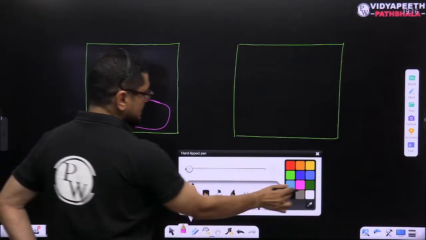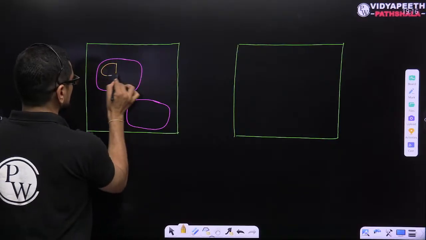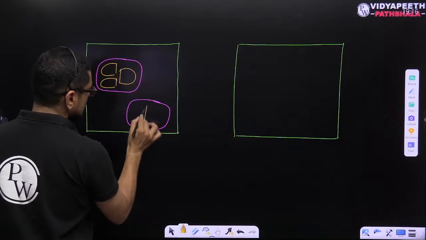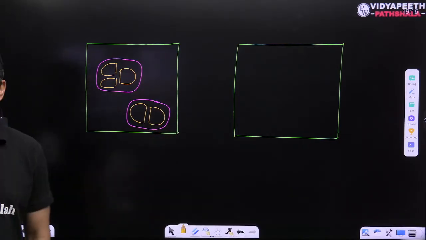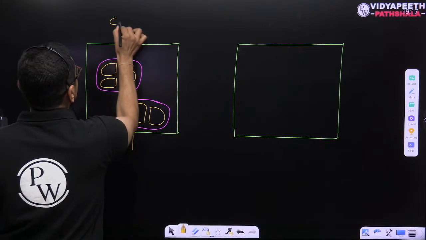This empty space contains some cells, 1, 2, 3, 1, 2, like that.